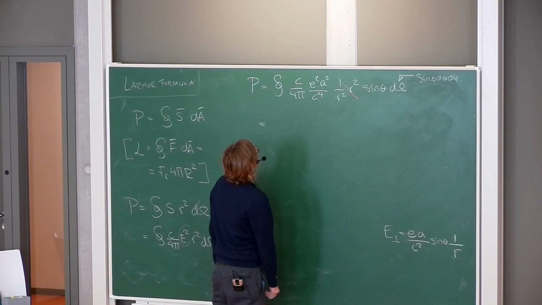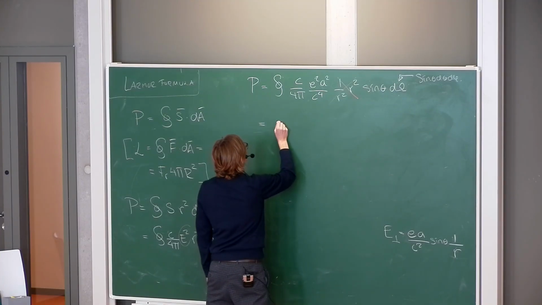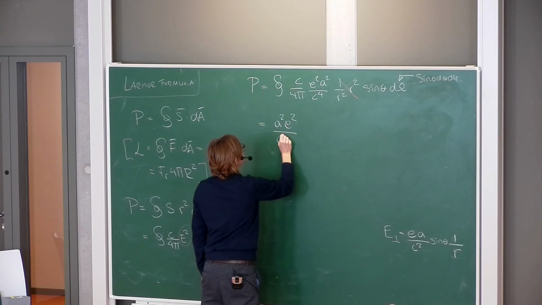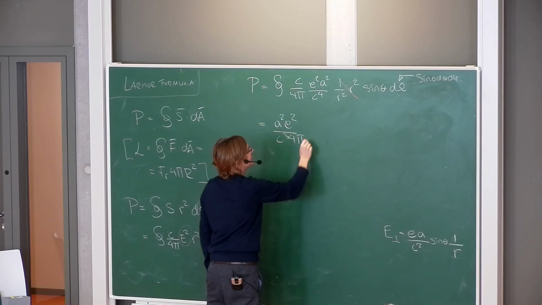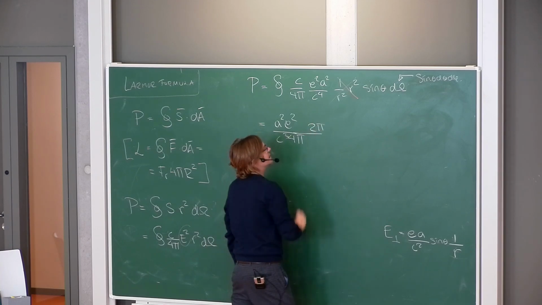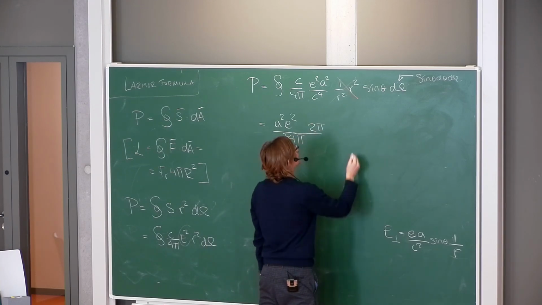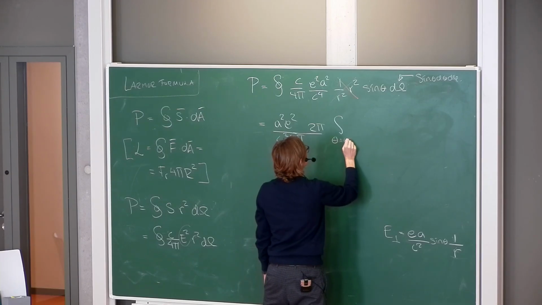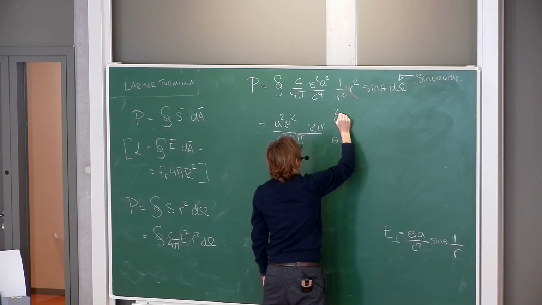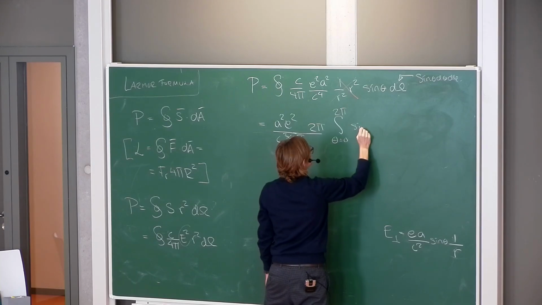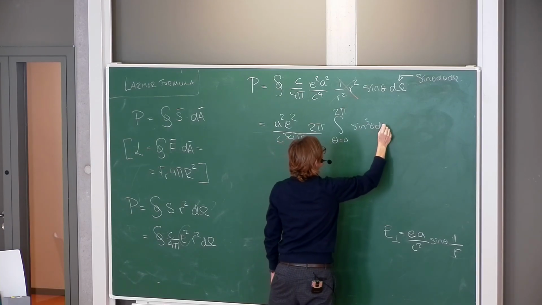All right, what did we get out here? We got a squared e squared divided by c cubed, then we have a 4 pi, but then of course the phi just comes out as 2 pi as always, and now we had this integral, theta from 0 to pi of sine cubed theta d theta.